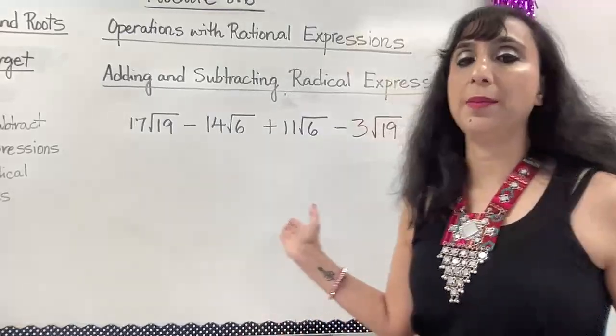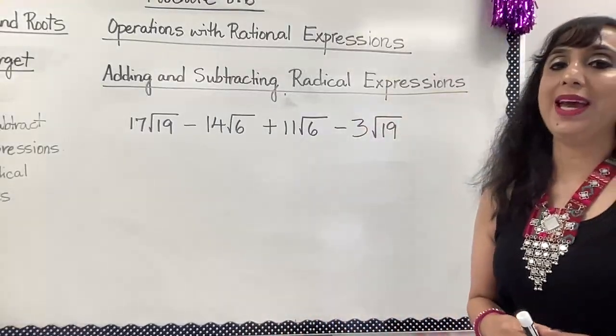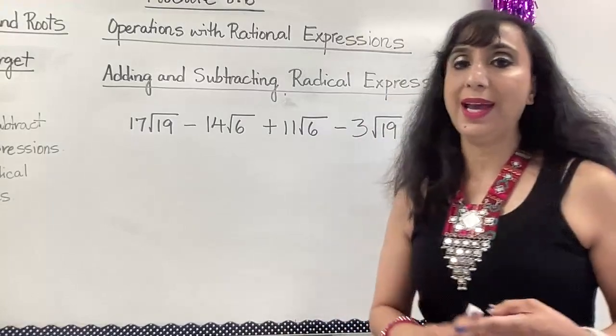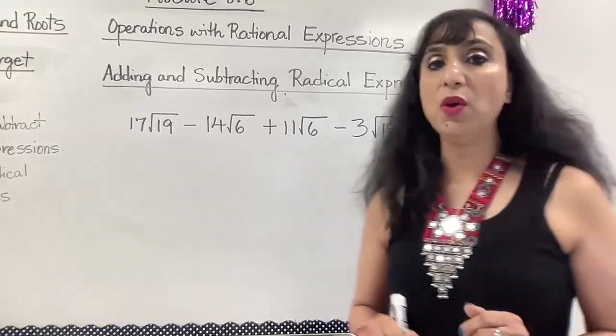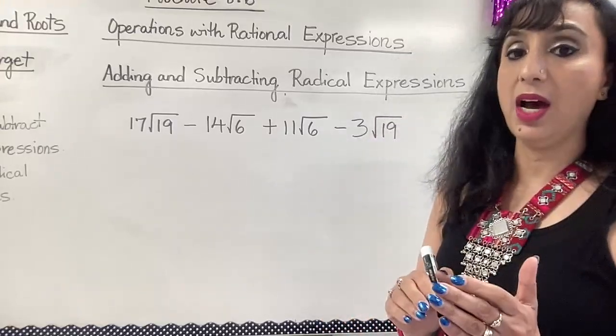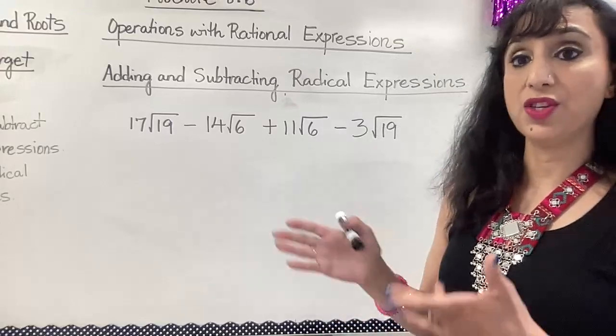So here's another problem. And once again, I can see that the two radicands that are there are root 19 and root 6. So I'm going to group the root 19 ones together and the root 6 ones together.